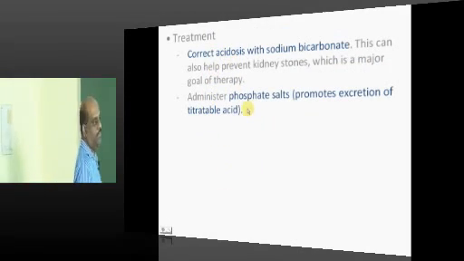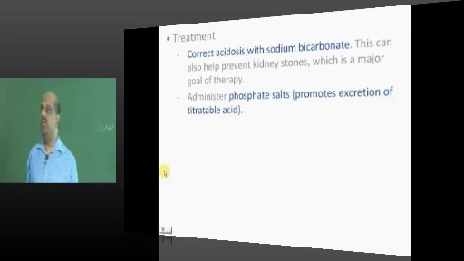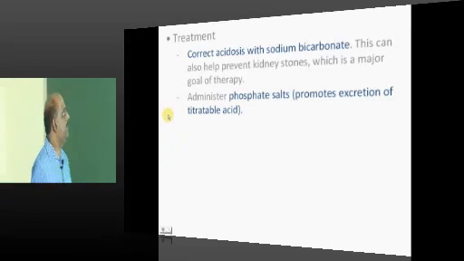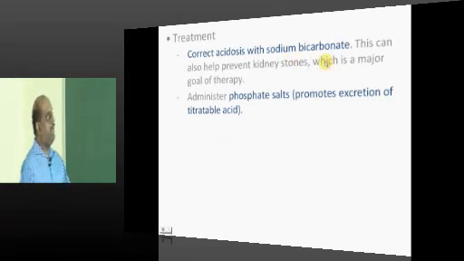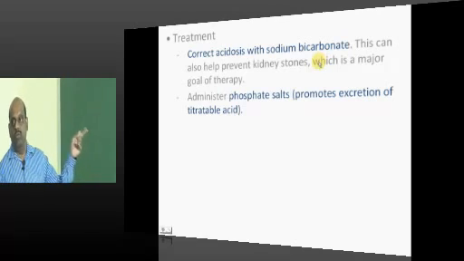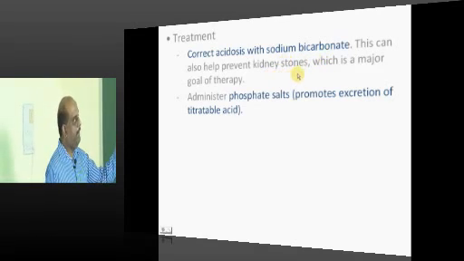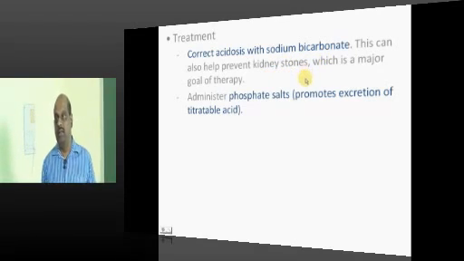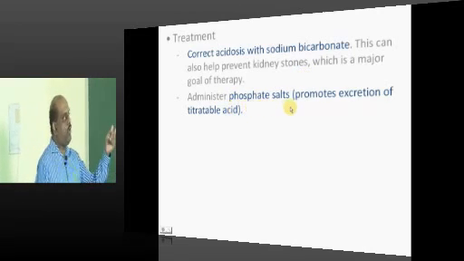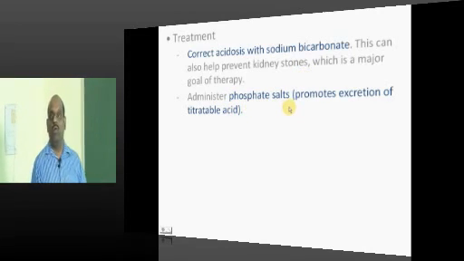How do you treat? The acidosis should be treated by giving bicarbonate, and giving bicarbonate will also prevent them from developing kidney stones. And they need to be given phosphate salts. Why?